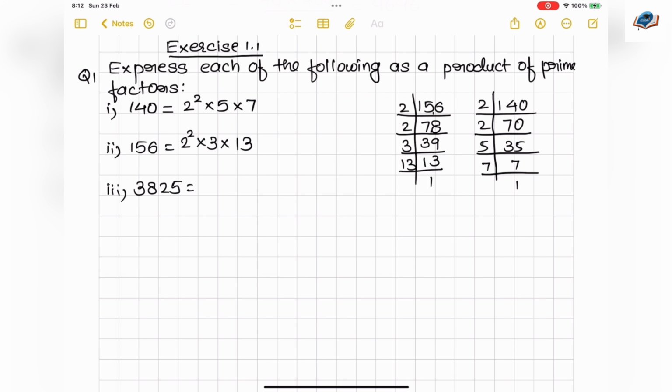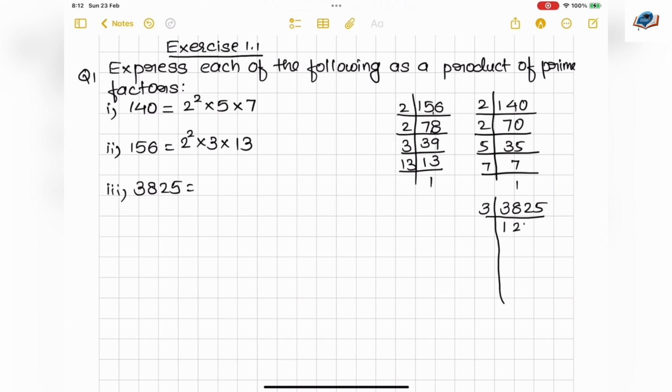So now let us do for 3825. So if I do the prime factorization of 3825, 3 plus 8 is 11, 11 plus 2 is 13... the digit sum is 18, so first it will go with 3.